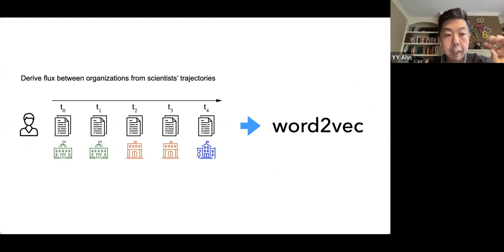Here the words are institutions, and each sentence is a career trajectory of a scientist across those institutions. So it gives us the representation, an embedding space of the institutions.